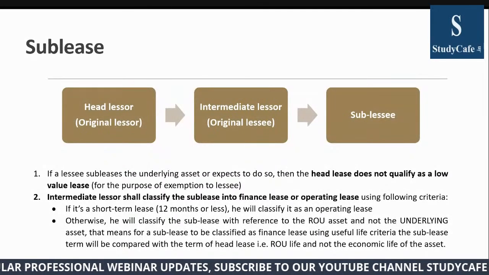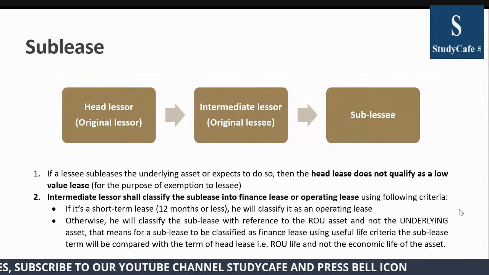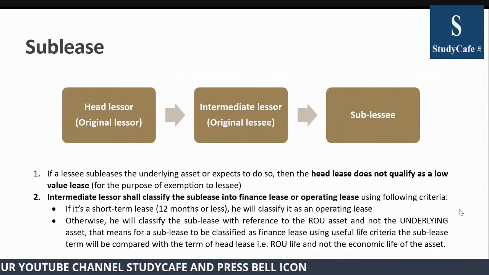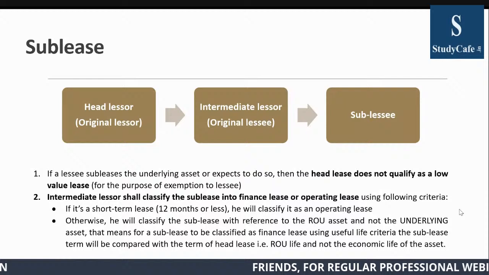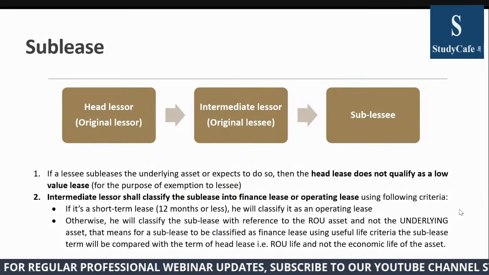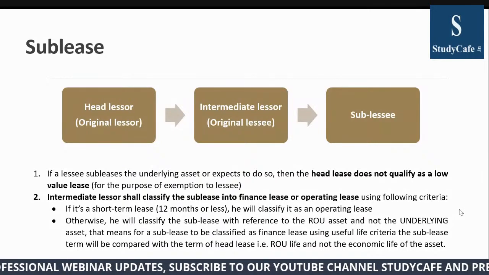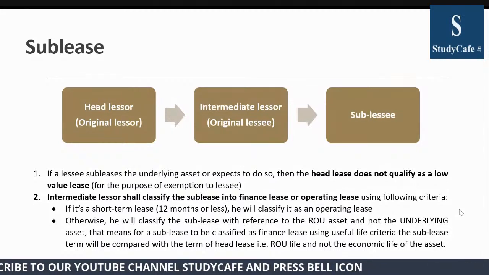Now, another important concept in this standard is sublease. What is a sublease and what happens in a sublease? Suppose company A has taken a machinery on lease from company B, but now company A has further leased out that machinery to company C. So, company A is the intermediate lessor because it was the original lessee.